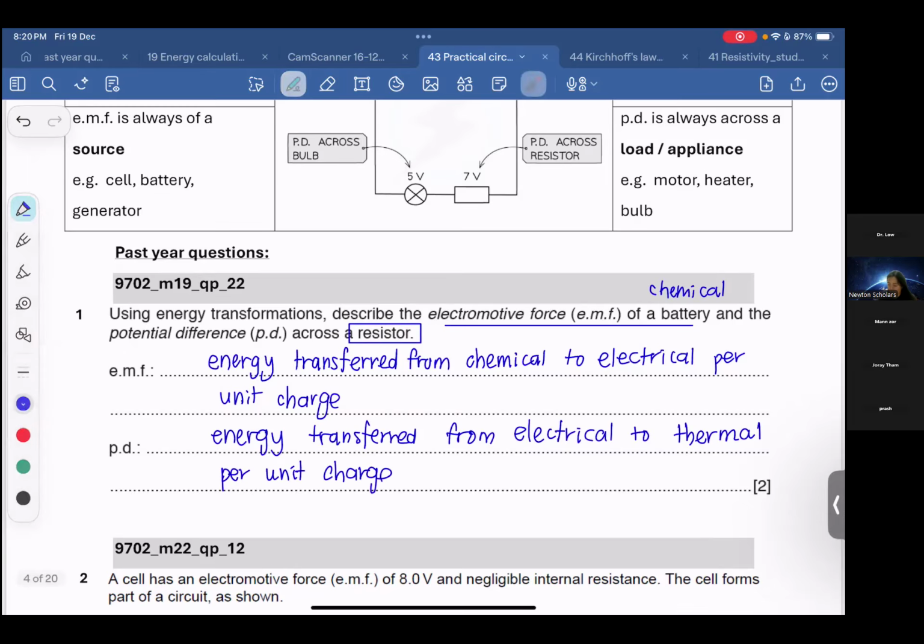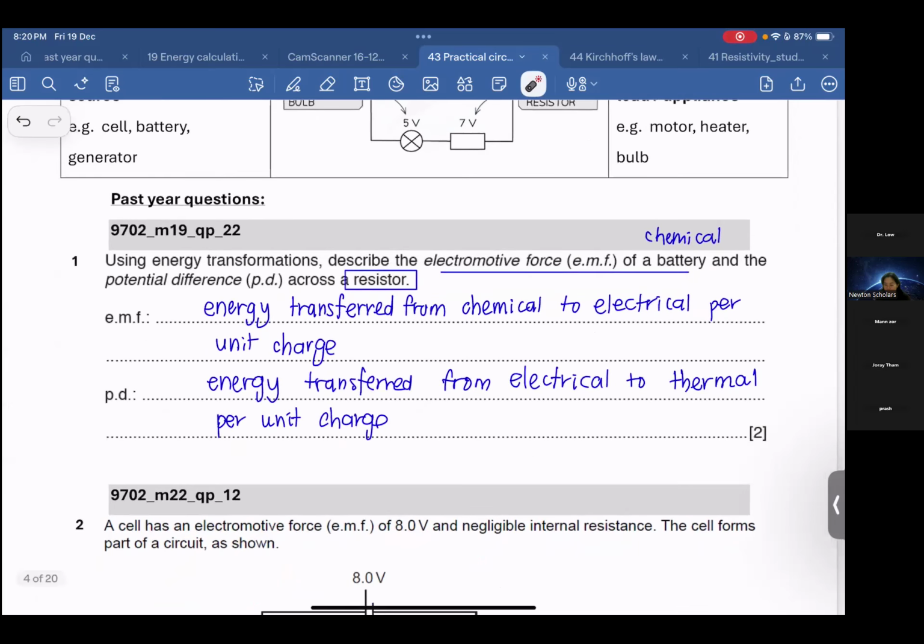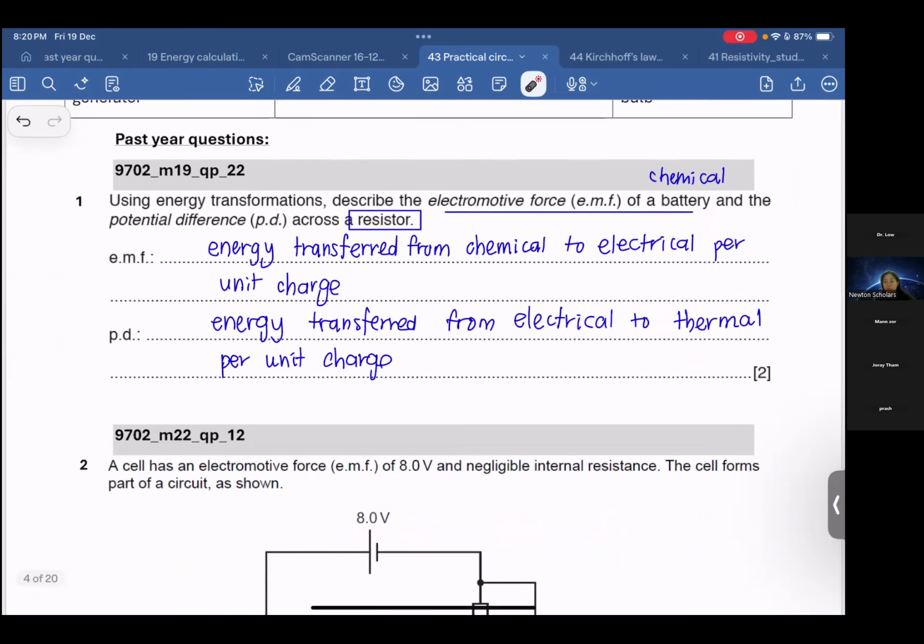It depends on what component. For a resistor it is thermal. If across a lamp or bulb, then electrical to light. Is it okay?